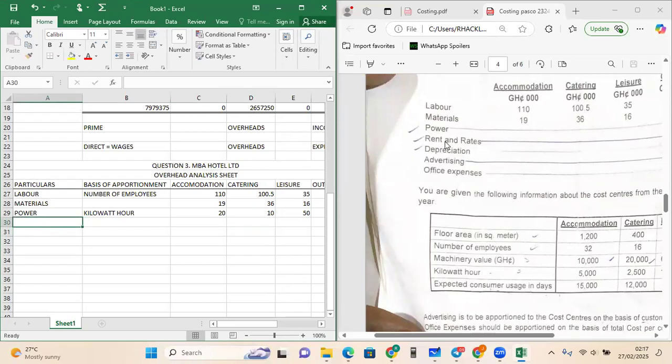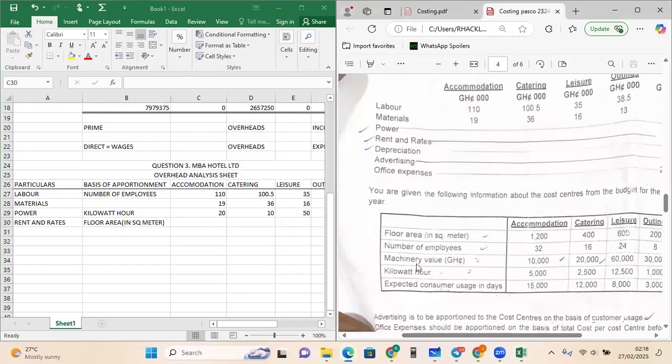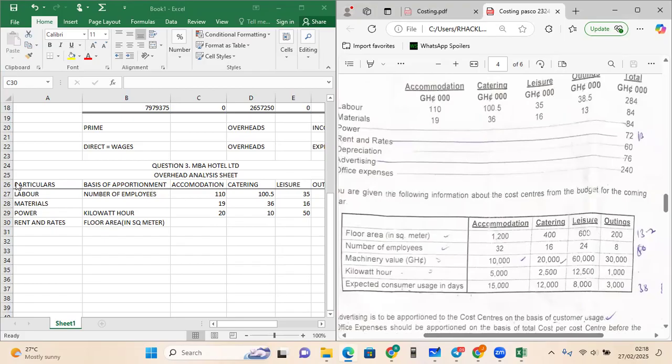The next one here is rent and rates. Rent and rates normally means the value for apportionment is normally the floor area occupied. Now, the total is 70.